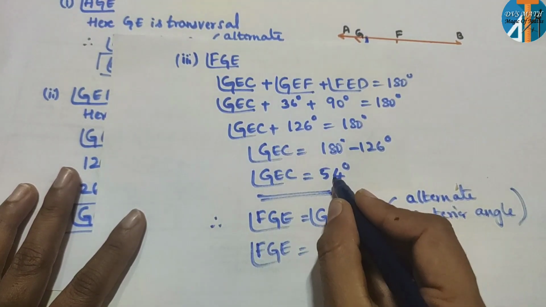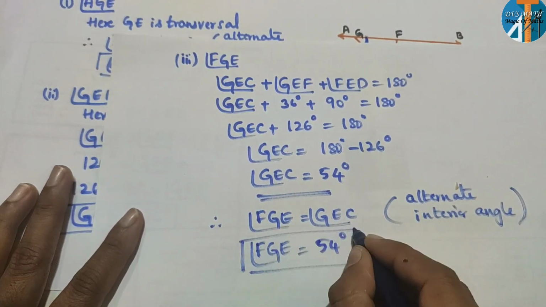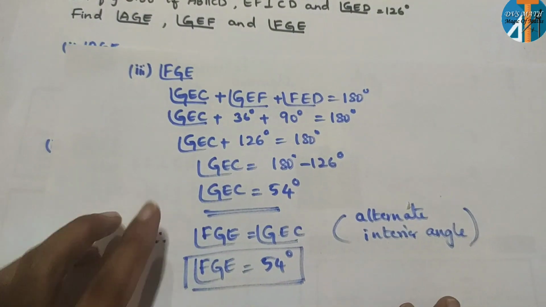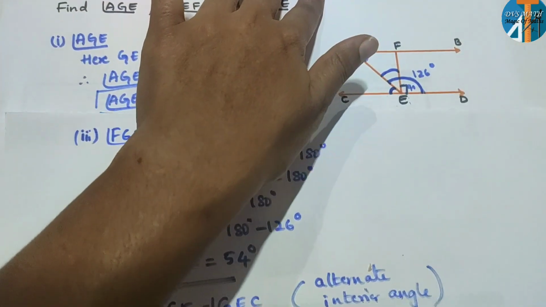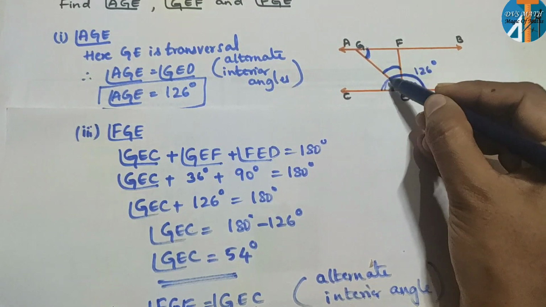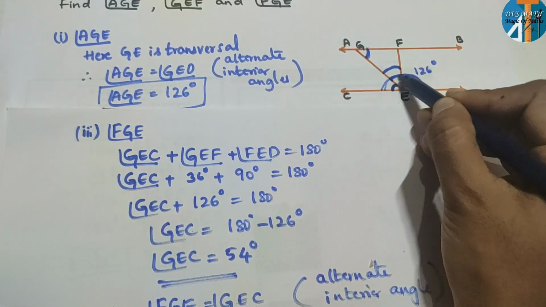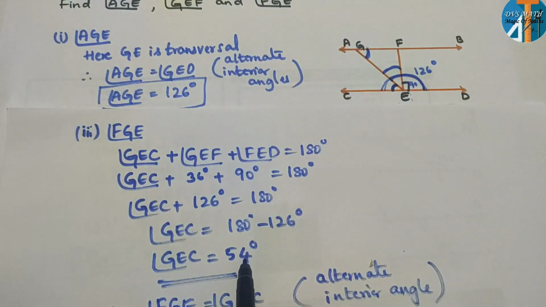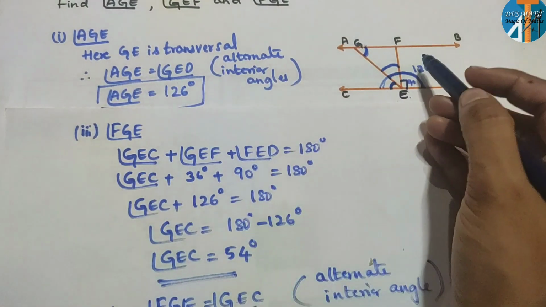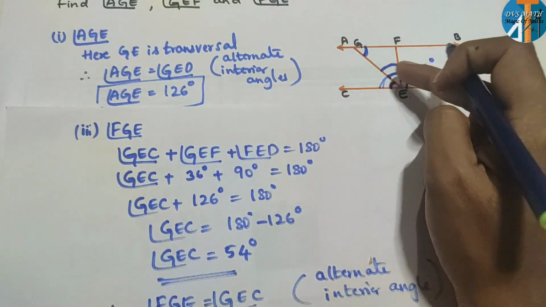FGE is equal to 54 degrees. This is the third one. I am repeating this third one again. Observe the figure. If we take this whole thing, it is 180 degrees. This 126, if you remove it from 180 degrees, you will directly get 54. No need to write all these things, you can do that step directly also. But this whole angle is the sum of three angles.